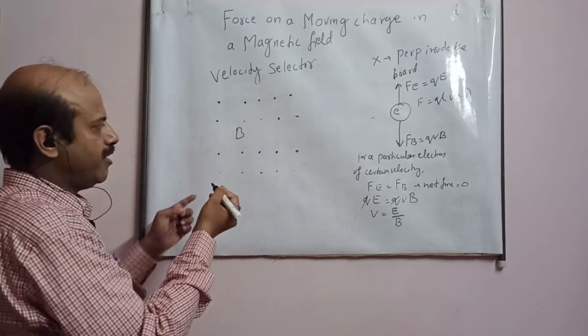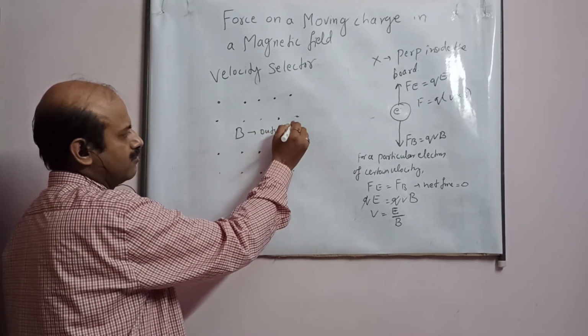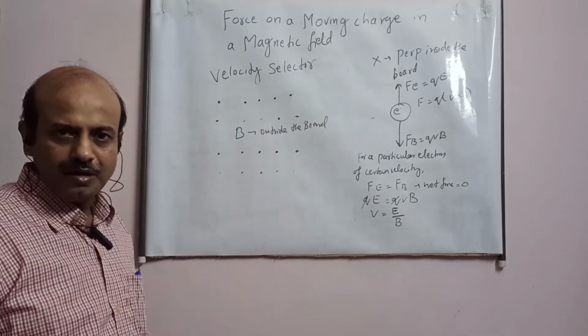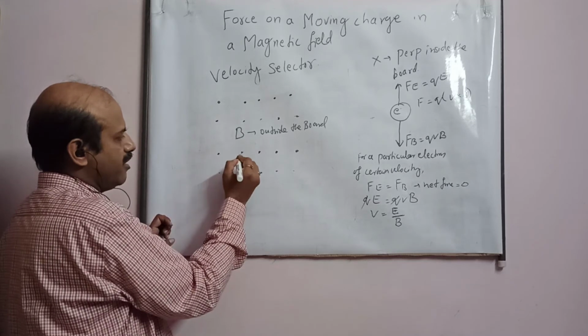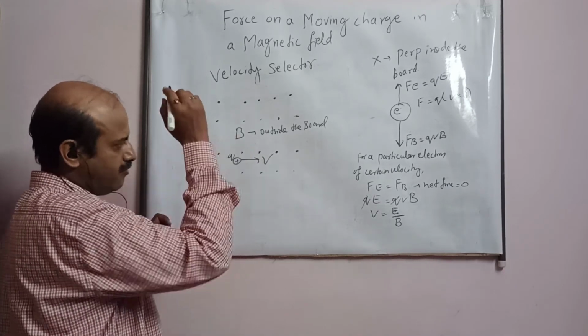Okay, it is perpendicular, outside the board. Okay, student. Here again the charge is moving in this direction, a positive charge with velocity v.